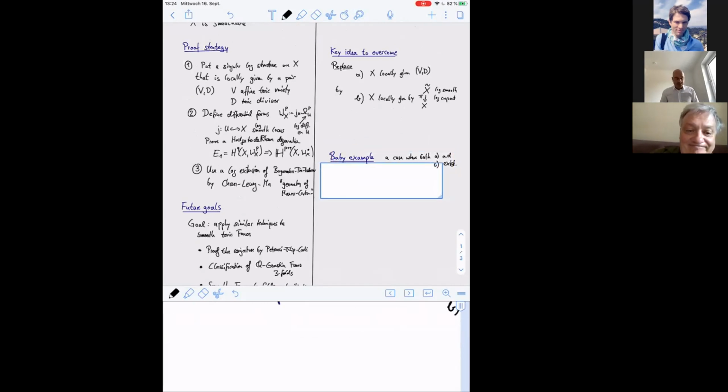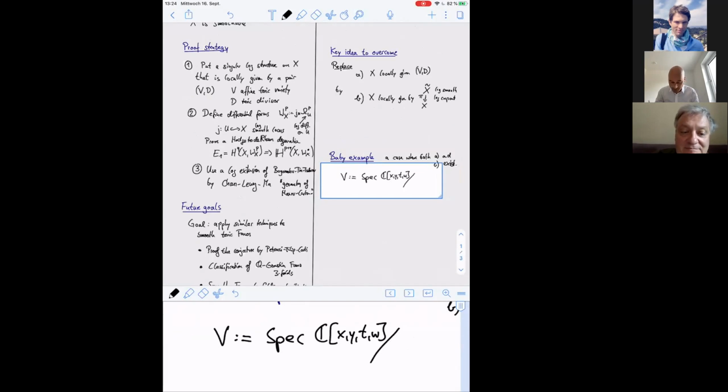And that's a famous example. I didn't invent it. It was talked about long before. It's the market Bernd. You know this very well. So the local model is a threefold. It's the spectrum of the ring with 4 variables and one relation. And the relation is xy equals tw.